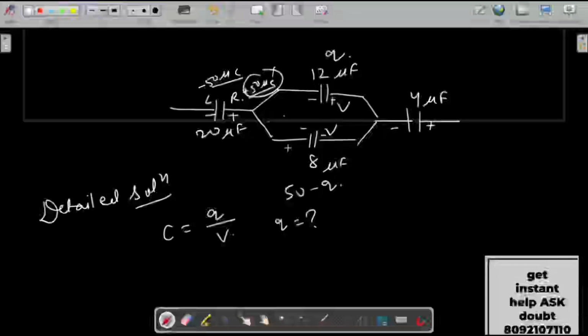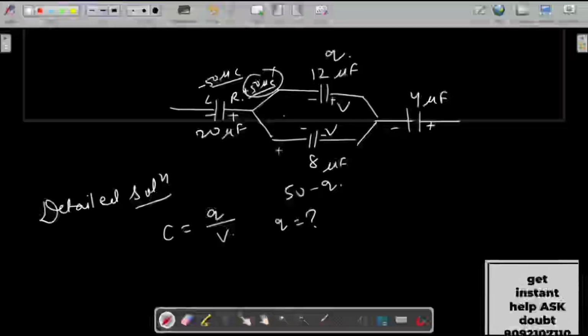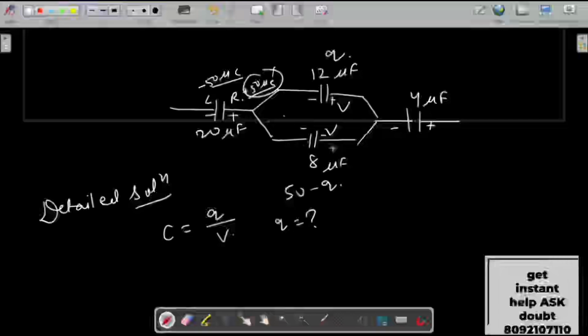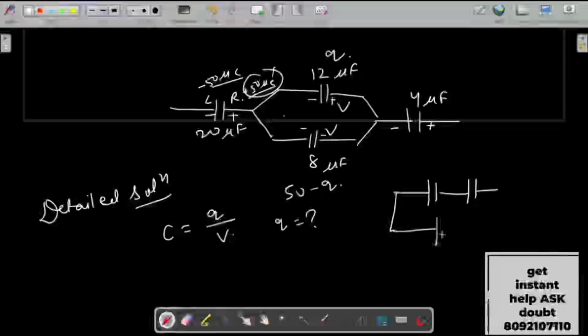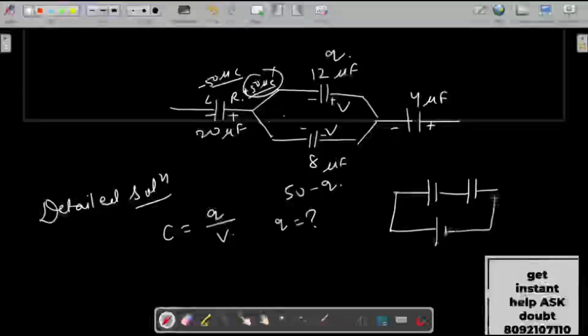Why is it so? It is because of conservation of charge. Here you have two capacitors in series combination. It is connected with a battery which has potential V. So now negative charge will come out from this battery.